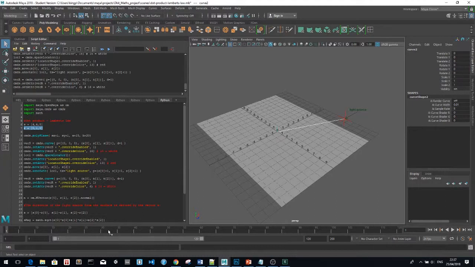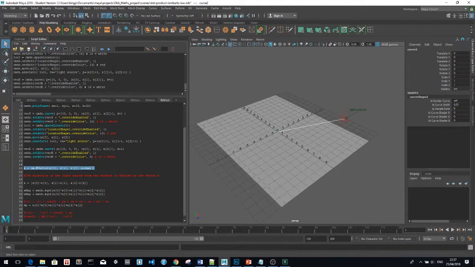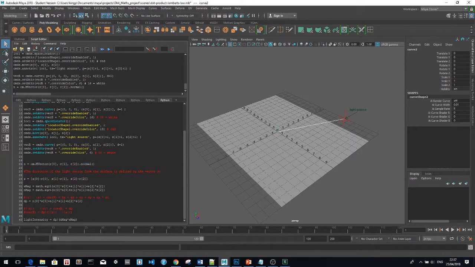To begin with, we get the normal to the surface. The direction of the light source from the surface is defined by the vector S. So we get that. And then we need to get the magnitude of both S and N, and using the second part of this formula here, we can find the product of each of the corresponding components, and that will equate to 3.